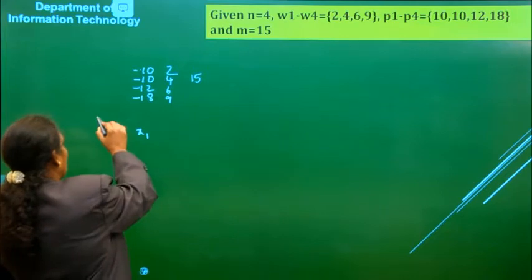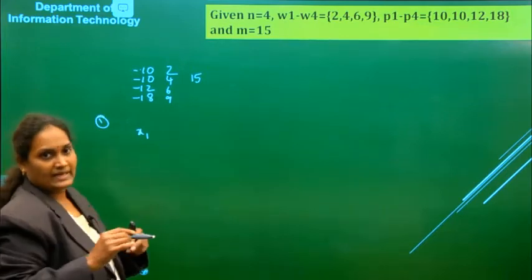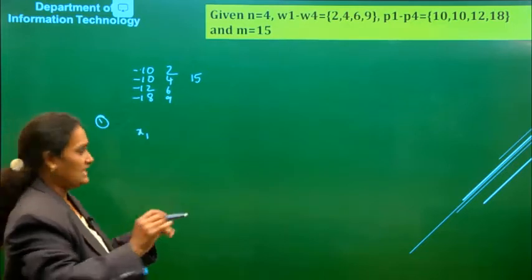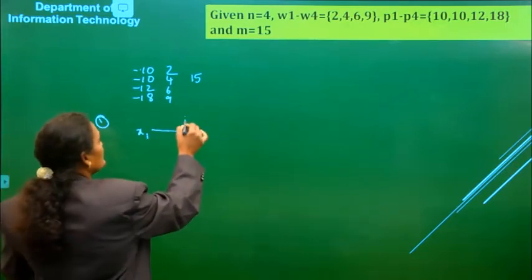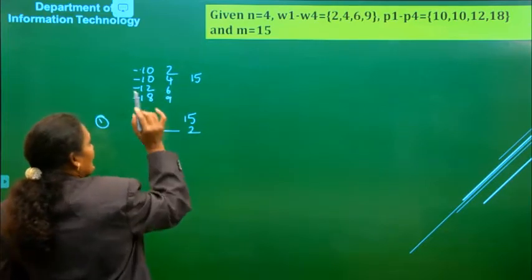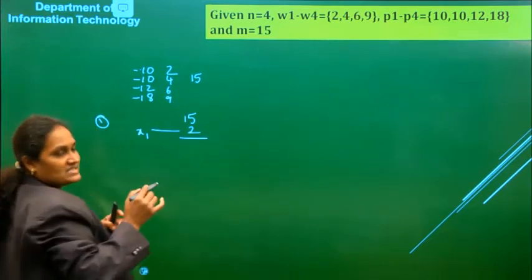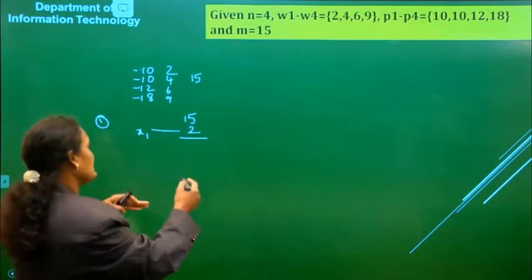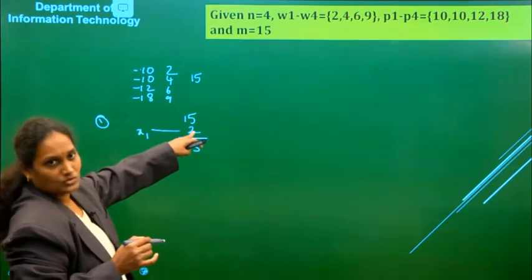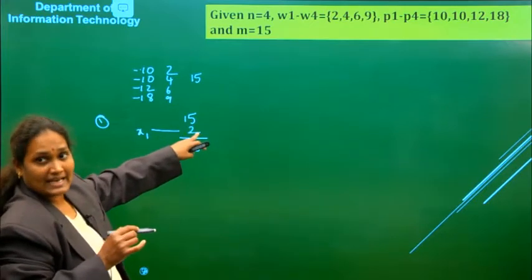At node 1, I am considering x1 is placed into the knapsack. If I place x1 into the knapsack, how much capacity does it occupy? Since its weight is 2, it occupies a capacity of 2. So what is the remaining capacity? 13. If I place this into the knapsack, what is the profit that I am earning?